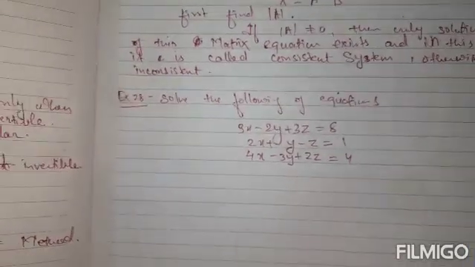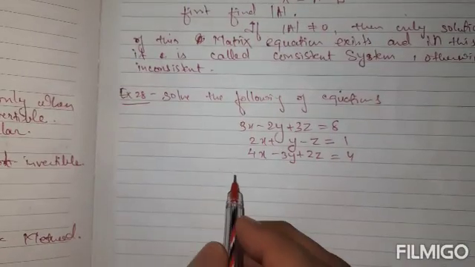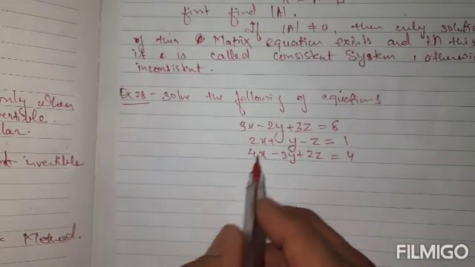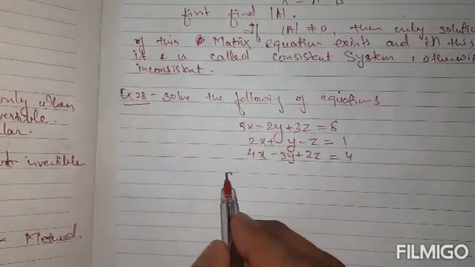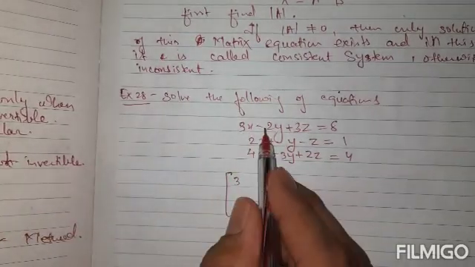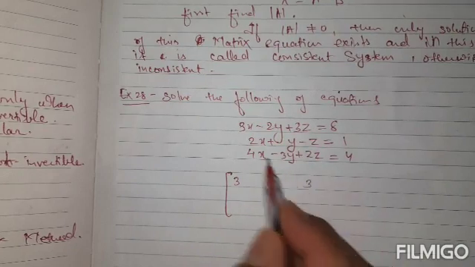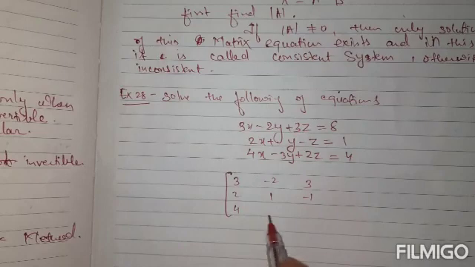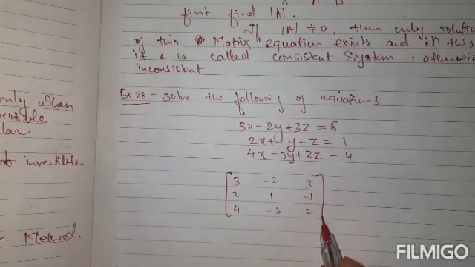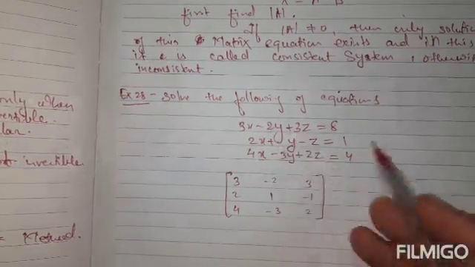Its equivalent matrix form is very easy to write. Forming the matrix by coefficients, it is 3, minus 2, 3, then 2, 1, minus 1, then 4, minus 3 and 2. This is the matrix formed by the coefficients.